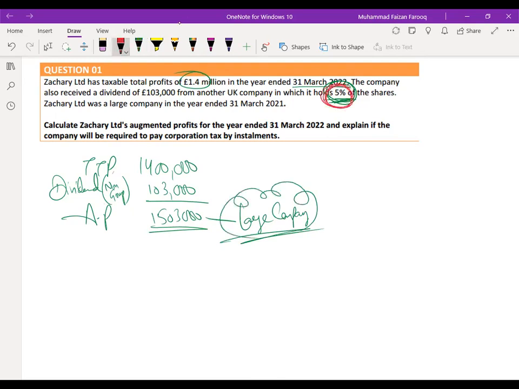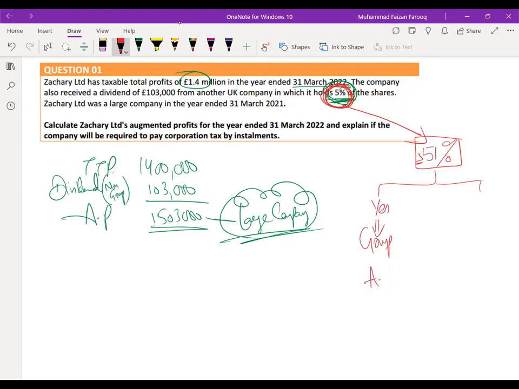Now my question is, if this percentage is 75, it will be a group of companies, right? But you need to remember one thing. The relevant percentage over here is 51%. If it is greater than or equal to 51, it's a group, and in the AP working we are not going to take the dividend from the group.